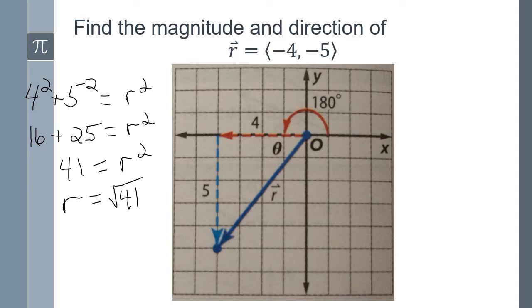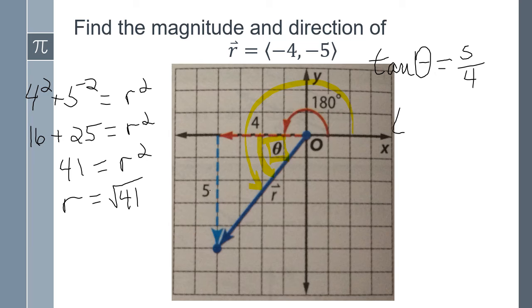Let's do our direction. We're going to solve for theta first. Theta is this symbol right here, and that's just going to find the measurement of this piece of the angle. Remember, we have to figure this whole thing out. So the tangent of theta is equal to opposite 5 over adjacent 4.